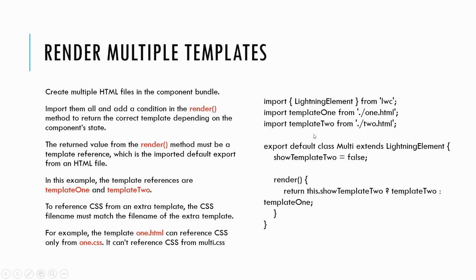Let's go to our example. We have one.html and two.html in the same directory of this LWC component, and we are importing them. In the render method, we are simply returning the template value based on our condition. Here we have given showTemplate2 as false, so it will take template one, which is one.html, and it will be shown in our web browser.